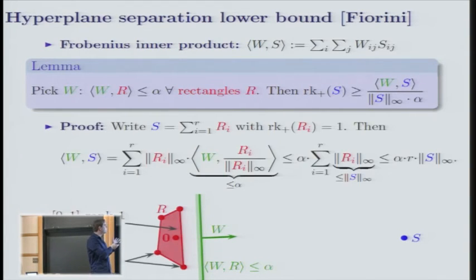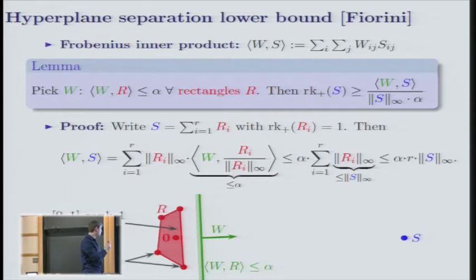Well, it's actually not so difficult to prove, because if you imagine that your slack matrix is the sum of rectangles, then this would be clear: you have a linear function, it's large on the slack matrix, and it's small on every one of your summands, so you must have a lot of summands. Now, it's not that easy, because a slack matrix is not the sum of rectangles, it's the sum of arbitrary rank 1 matrices.